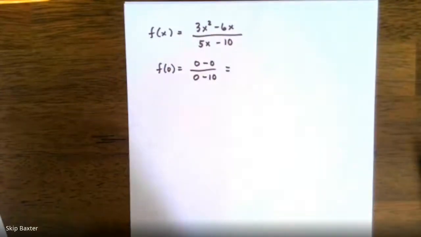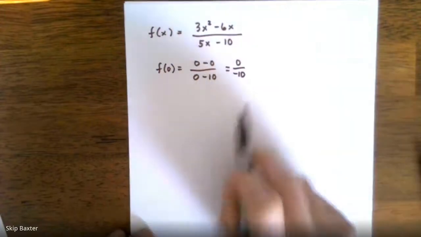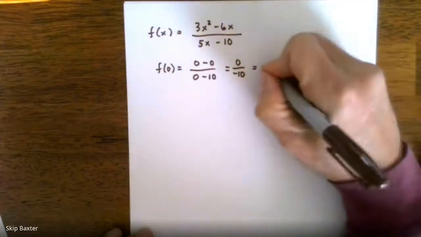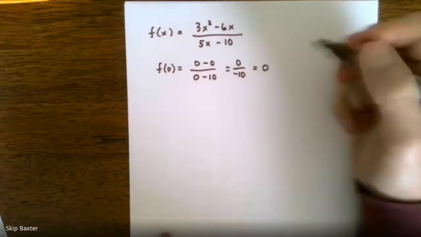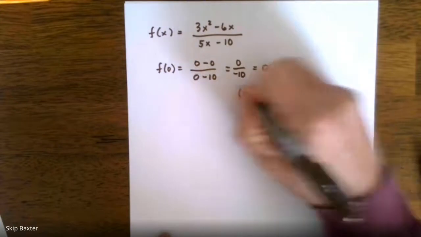The numerator is 0. The denominator is negative 10. If you have a fraction in which the numerator is 0, that's okay. The answer is just 0. It's the denominator being 0 that's problematic, right? So in this case, 0 is the answer. So the answer would be 0, 0 is the y-intercept.